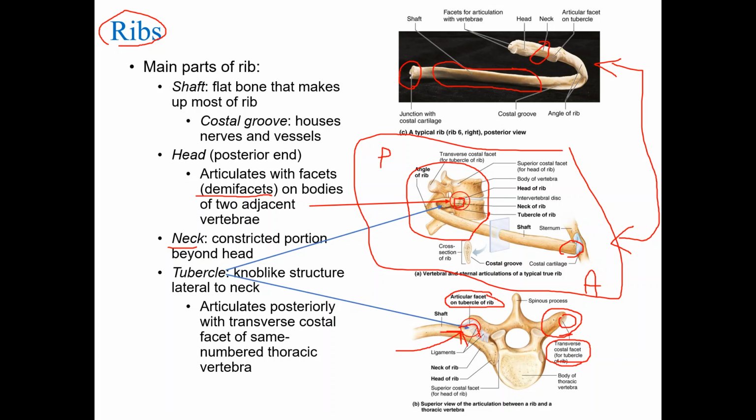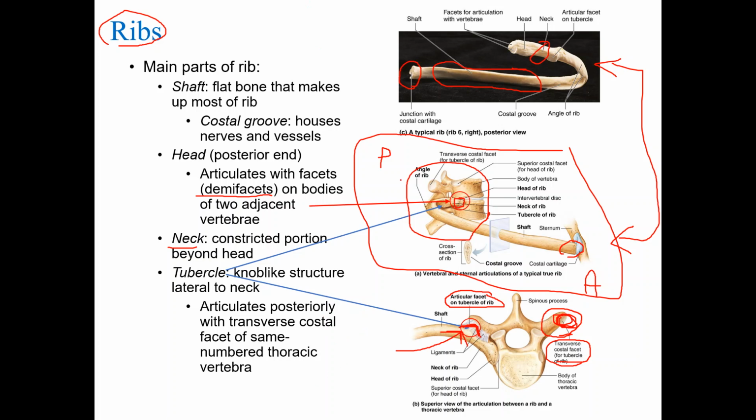So the tubercle of the rib over here articulates with the transverse costal facet here on the transverse process of a thoracic vertebra.